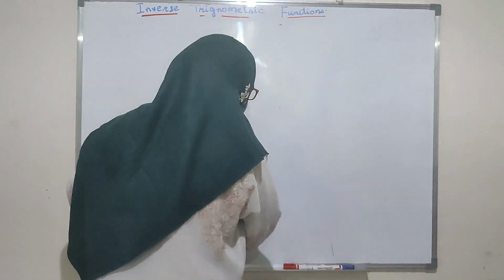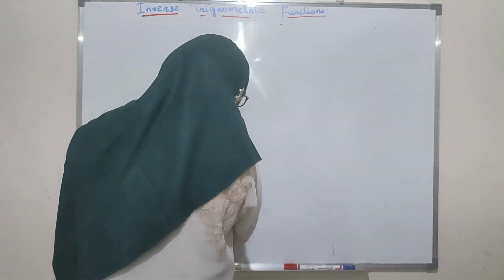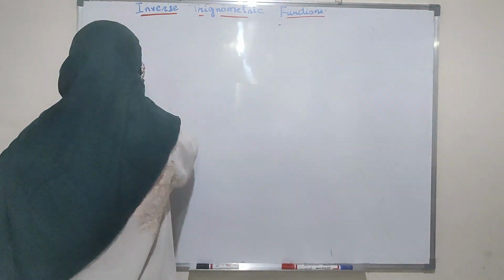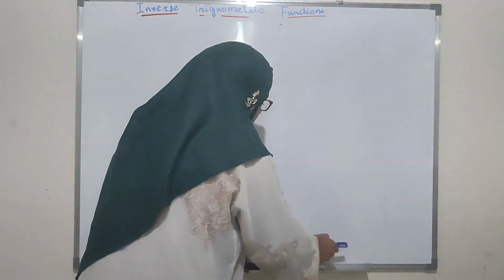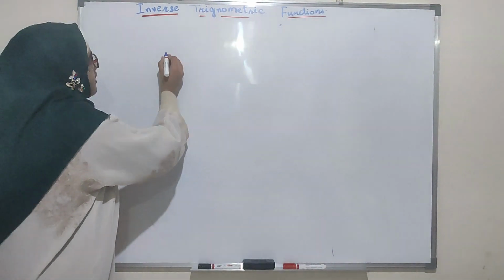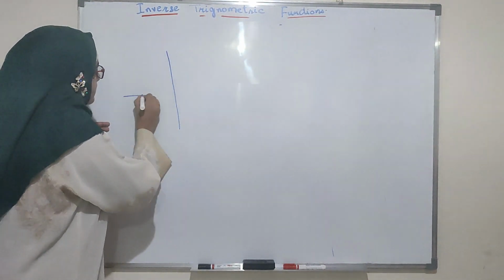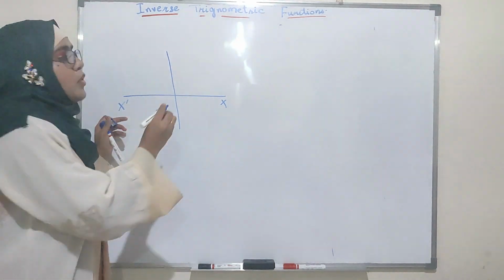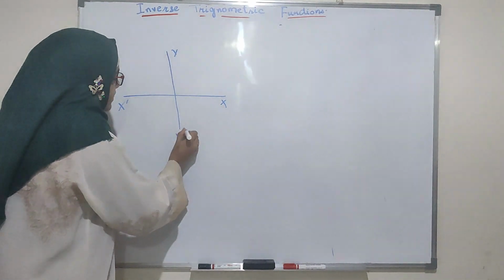I will show you. See here, this is the axis: x-axis, x dash axis, y and y dash axis.